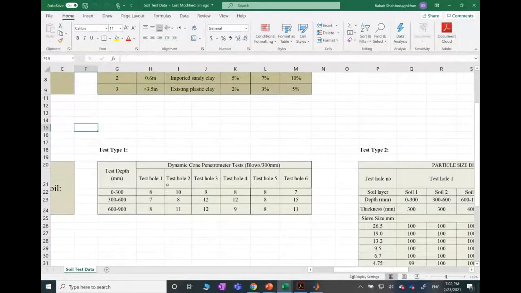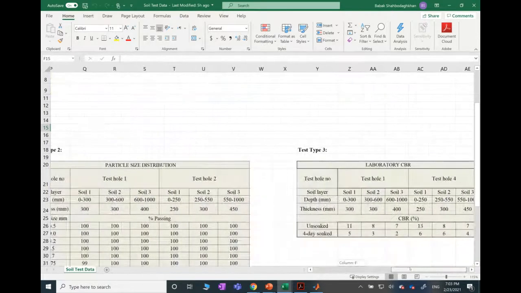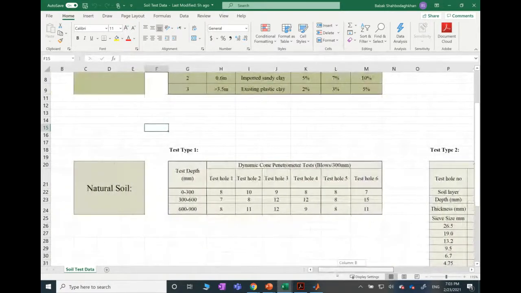And the last question, and after that we can have a 5 minute break. Then I will explain to you about the design traffic. So let me answer the last question here. Basically, test holes of test type 2 and 3 are from the test type 1 location. So here we conduct a field test.